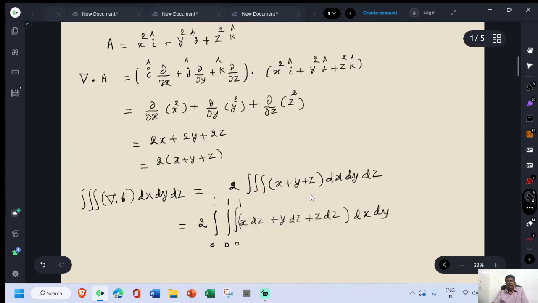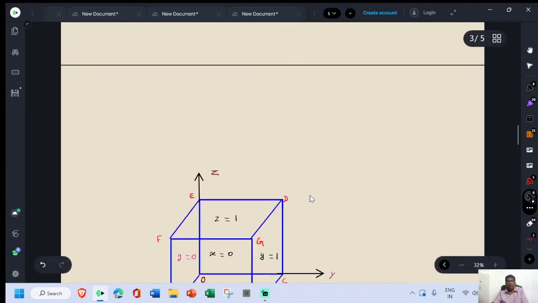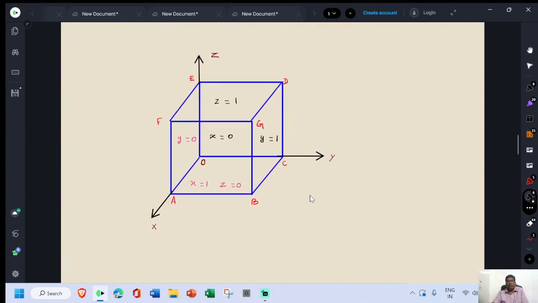Now we should find out the value of double integral of A dot ds, surface integral value. Now consider the cube.